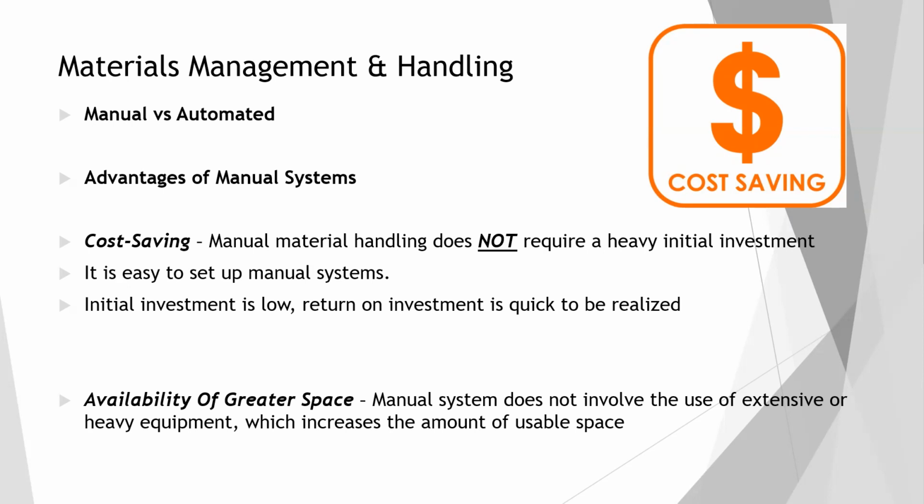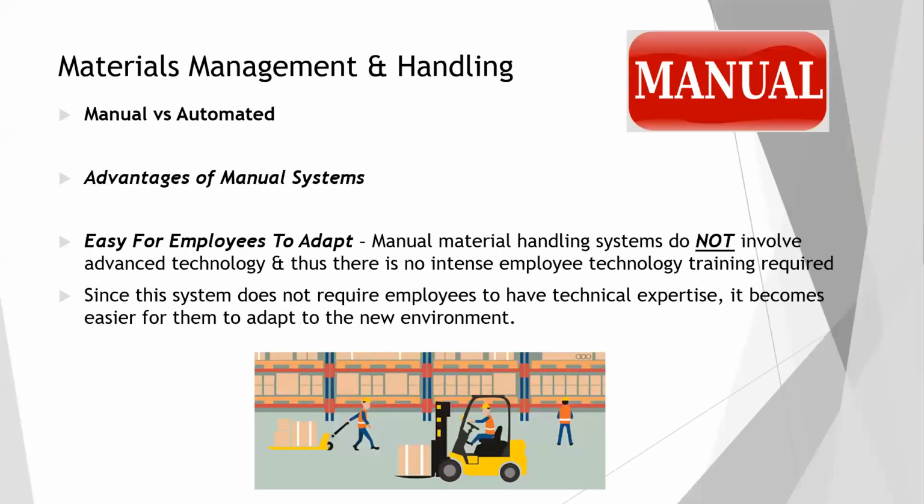And there's the availability of greater space. Manual systems, where everything is done by physical force from human laborers, do not involve the use of extensive or heavy equipment. So that means we're going to have more room for activities. This increases the amount of usable space in whatever physical facility we have. And it's very easy for employees to adapt.